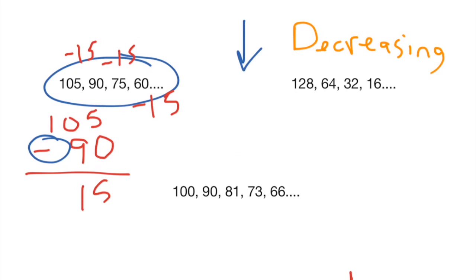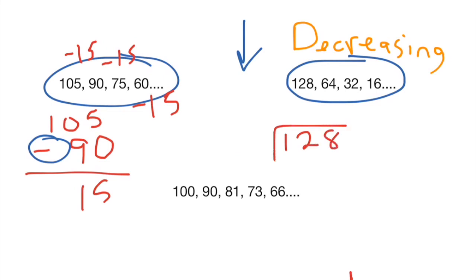Now, when your numbers seem to be getting really small really fast, just like in the increasing pattern we said that'd be multiplication, this is the opposite. When you're getting really small really fast, we're looking at division in this case. So a couple different things you can do. You could take 128 and divide by 64 and you'd get 2.